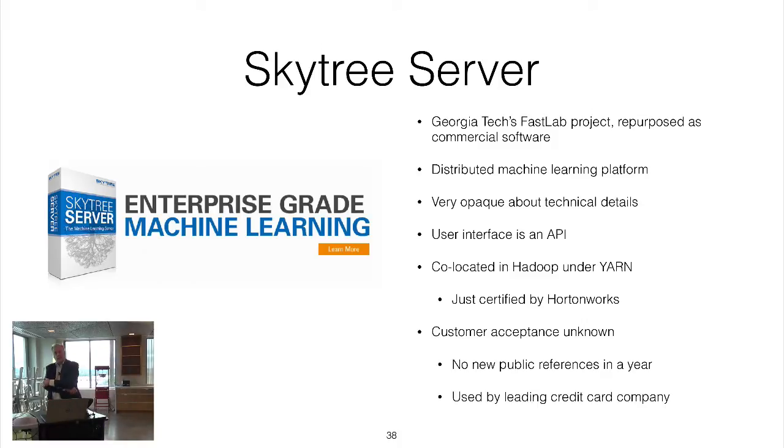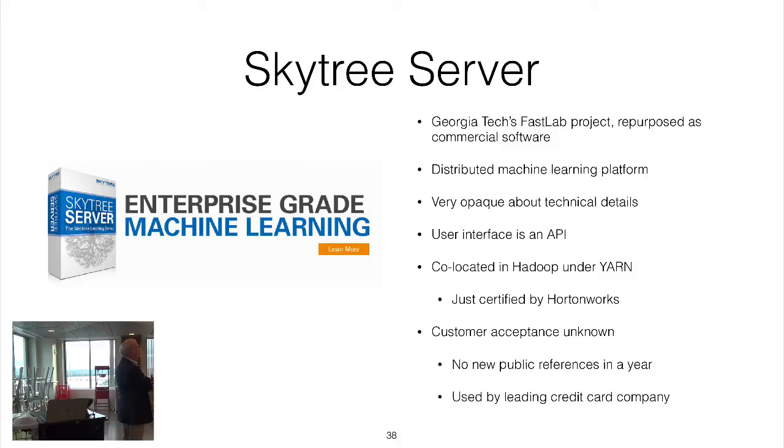In other words, Skytree has its own distributed in-memory engine, but this is, so far as I know, the first legacy product that has used YARN as a way of getting into Hadoop, and they are now certified by Hortonworks as being able to run under YARN. Previous to that, I know of a customer, a credit card company, that owns and uses Skytree, and they use it in a beside architecture outside of Hadoop. I think Hortonworks announced the certification fairly recently.